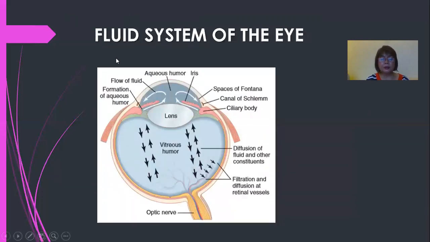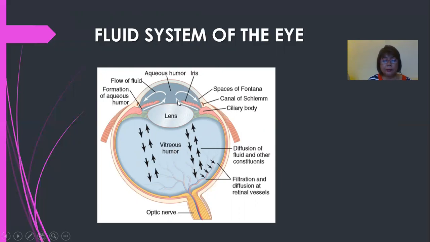Let's now go to the fluid system of the eye. You have to have fluids in the eye to maintain its turgidity, to become turgid. The ciliary body produces fluids which circulate in the eye here.